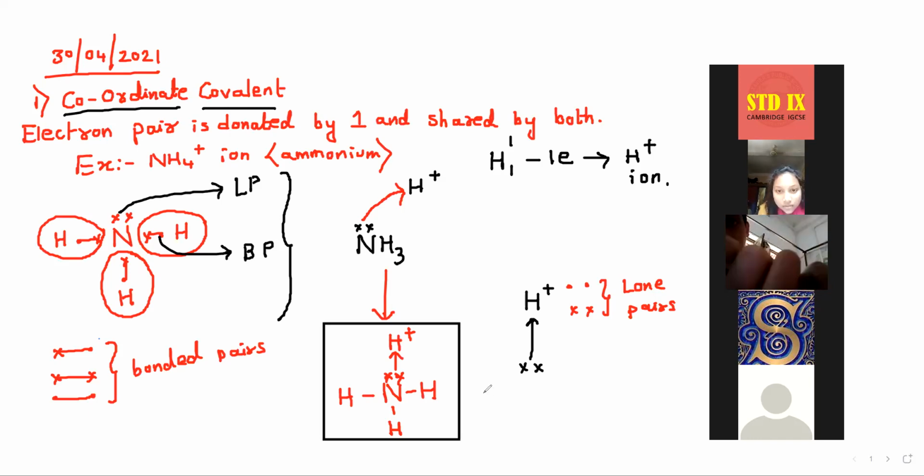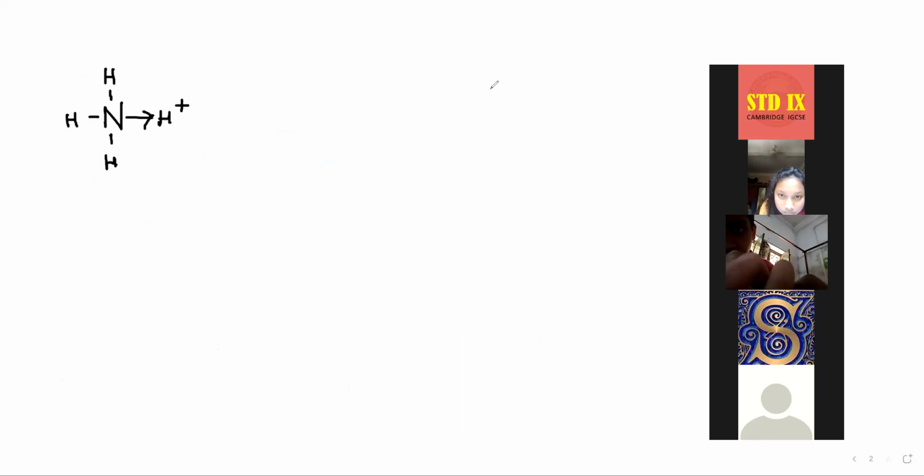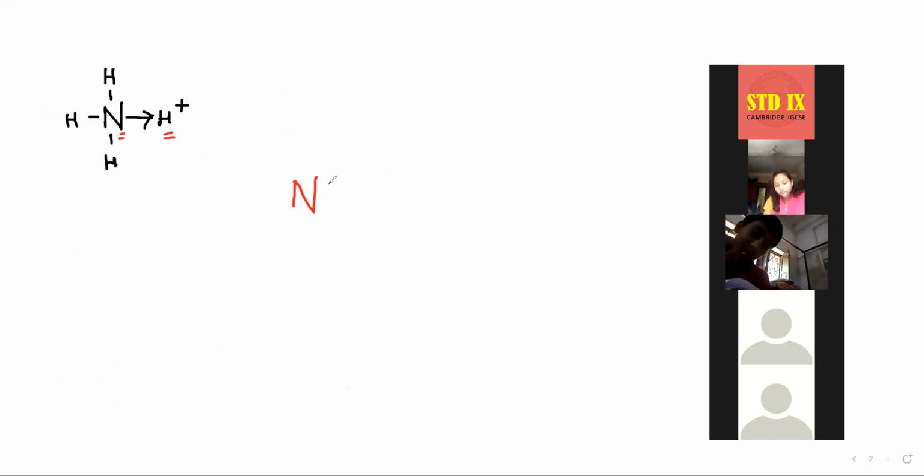Look at this diagram. As I told you, whenever you see the arrow, that means that particular electron pair is being donated. So again, moving to the next page, see the arrow. Where exactly is the arrow? The arrow is between this nitrogen and this H, towards the H plus ion. This nitrogen, this was the original condition.